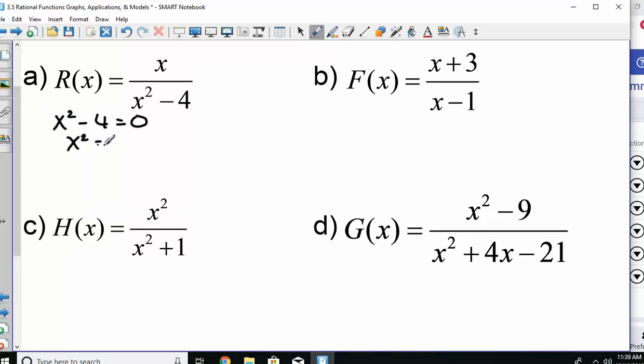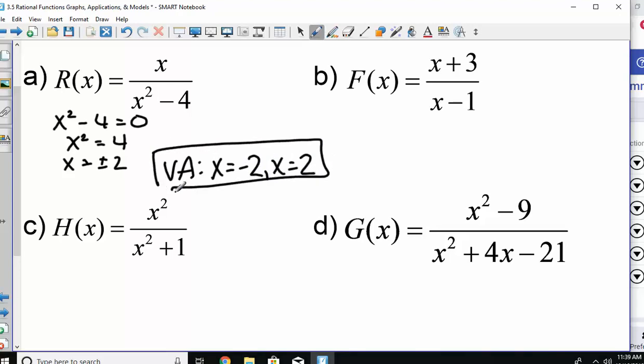So x squared equals 4, so x is plus or minus 2. For our domain, we said x can't equal those things. For the vertical asymptote, those are your vertical lines. You can leave it like this, or if you want, you can separate it. I call vertical asymptote VA. So this one has 2: x equals -2, x equals positive 2. Those are the 2 vertical lines that our graph doesn't touch.